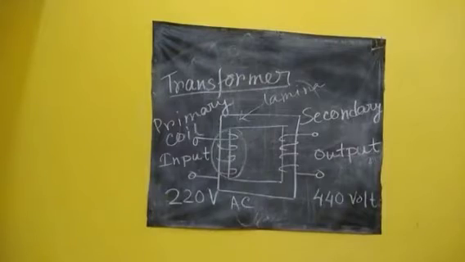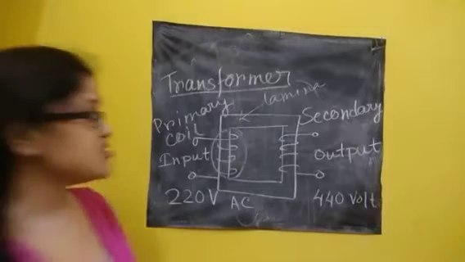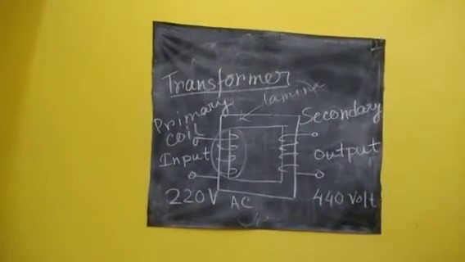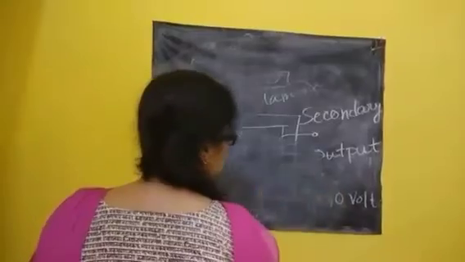Another thing for transformer is called the turns ratio. What is the turns ratio? The turns ratio is nothing but the number of turns in secondary with respect to primary.